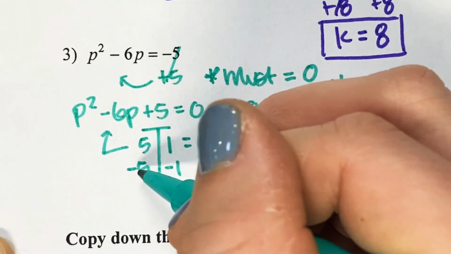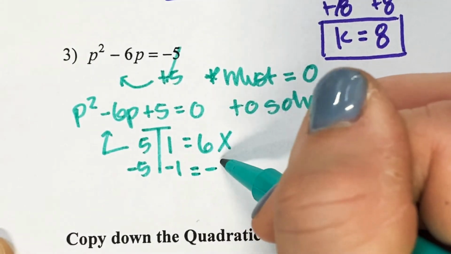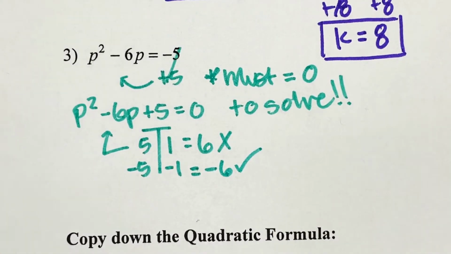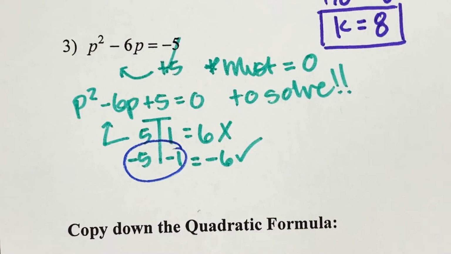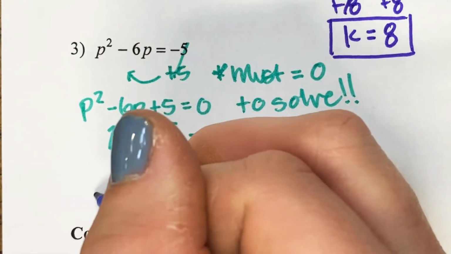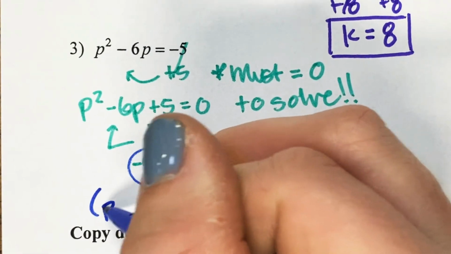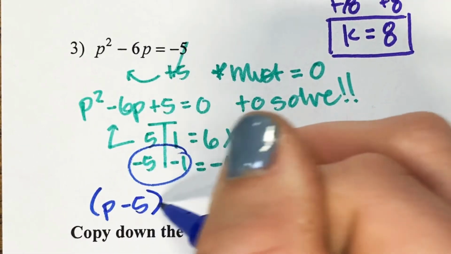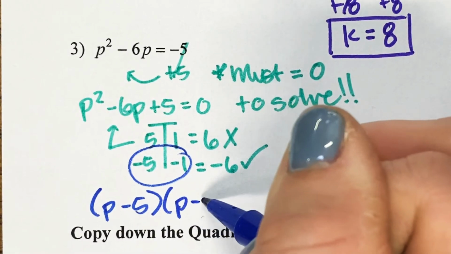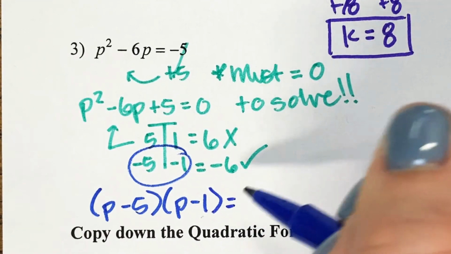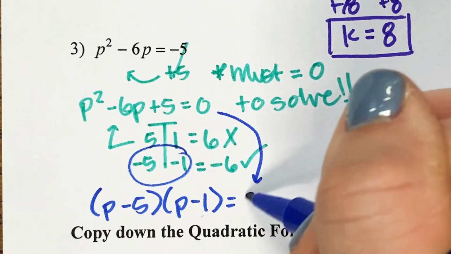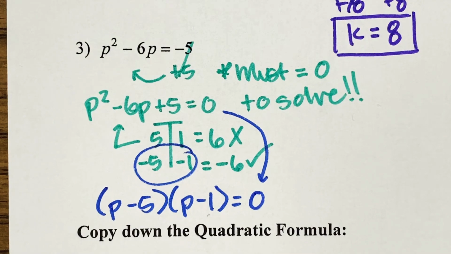Okay, now I have -5 minus 1 more. There's my -6. Okay, so we found our two numbers. We found our factors. So in this one, it's p minus 5 times p minus 1. And we bring down our equals 0, so we can set each piece equal to 0 and solve.